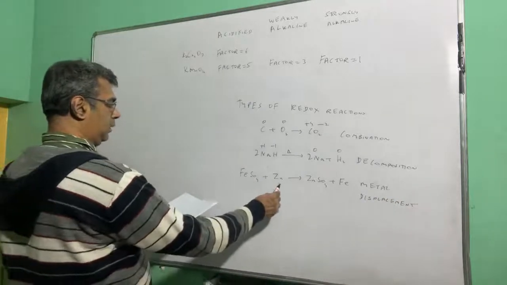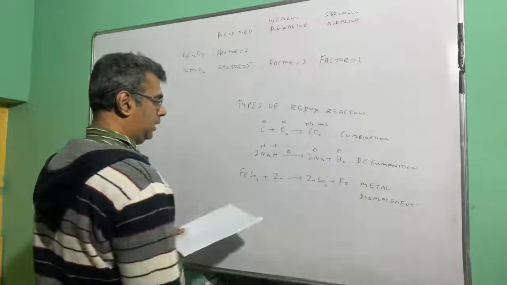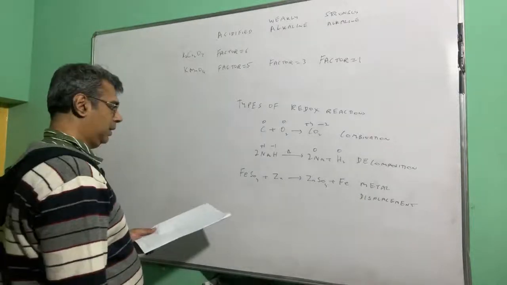Then FeSO4 plus Zn gives ZnSO4 plus Fe. This is called a metal displacement reaction.